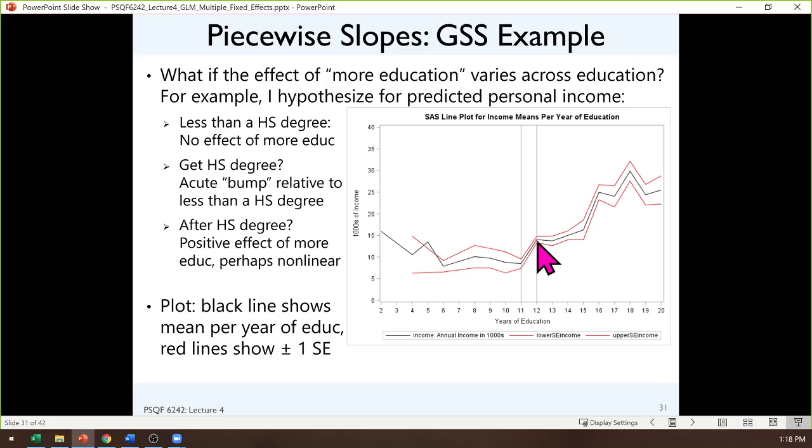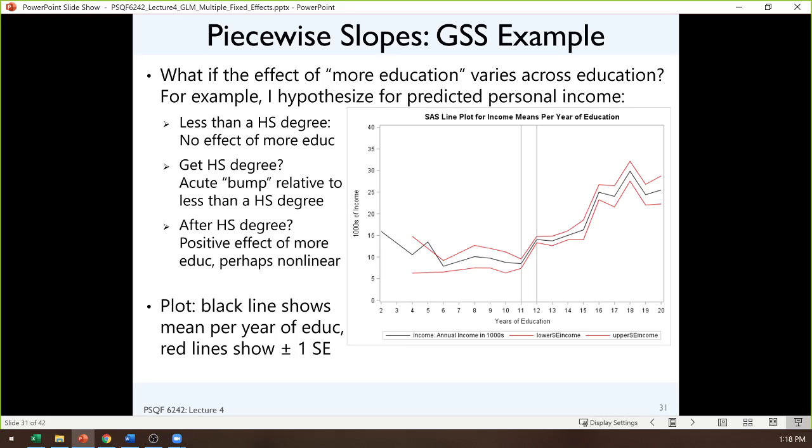Likewise, after 12, we see another sort of nonlinear pattern where, yeah, more income helps, or excuse me, more education helps, but again, there's a big jump when you get to the next degree. So this type of trajectory, this type of pattern, can be approximated by carving the predictor up into sections and fitting a separate slope through the different sections.